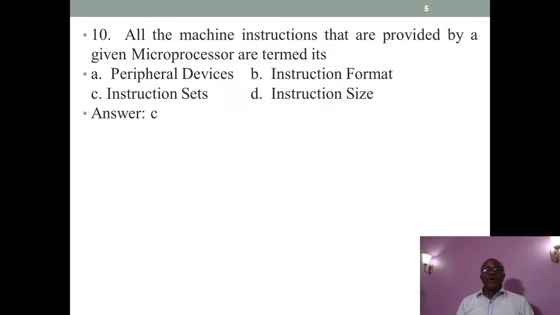For a given microprocessor, you have a set of instructions that you can use to address and command that microprocessor to perform. So we call that its instruction set.